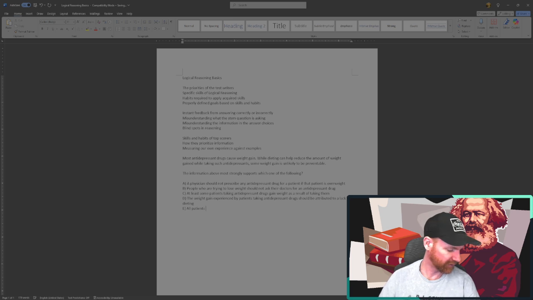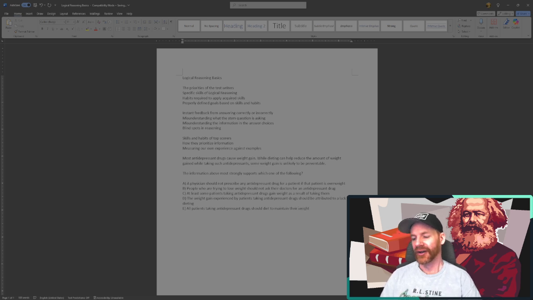All patients taking antidepressant drugs should diet to maintain their weight. This statement is partially correct, but I don't think that it's the most strongly supported.